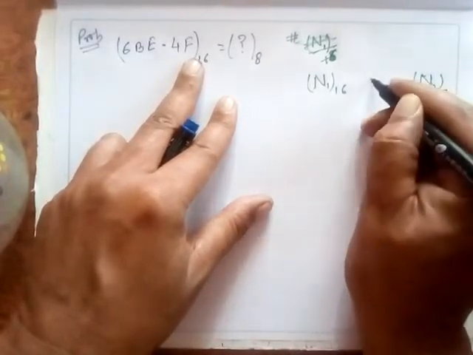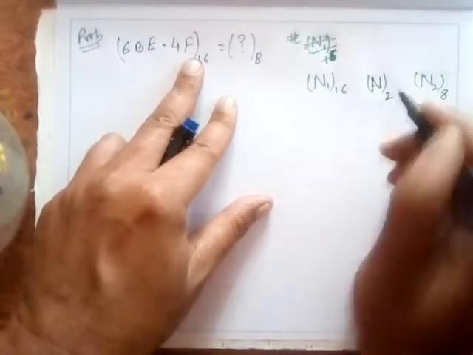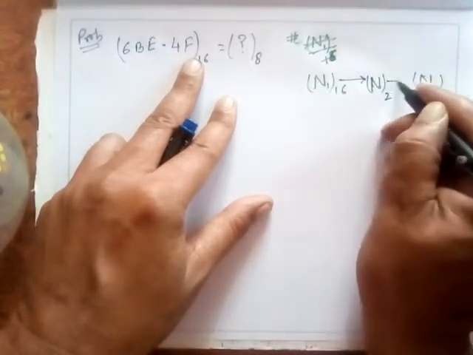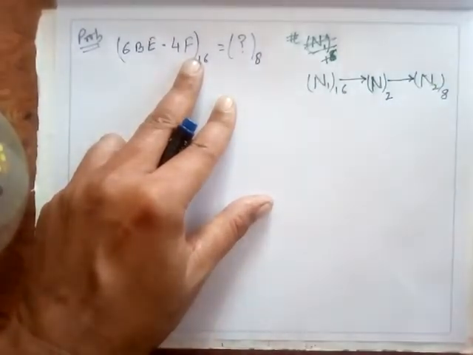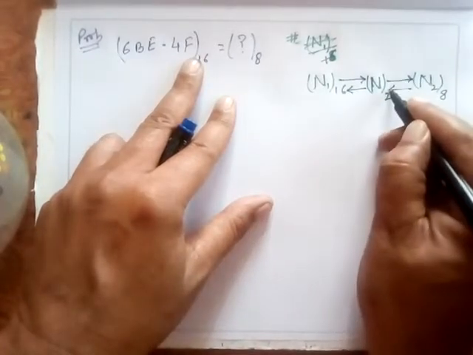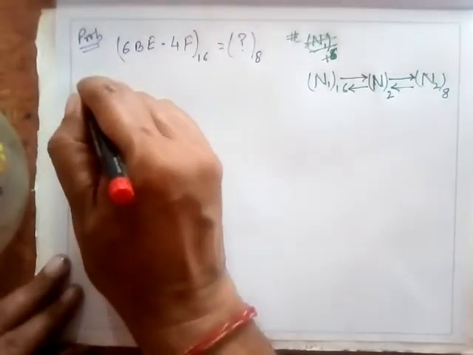What I do is convert it into another number in base 2. I'll go via base 2: I convert this base 16 number into base 2, and then this binary number into an octal number, or I can go vice versa, same thing. So let's find the solution for this particular number in base 8.